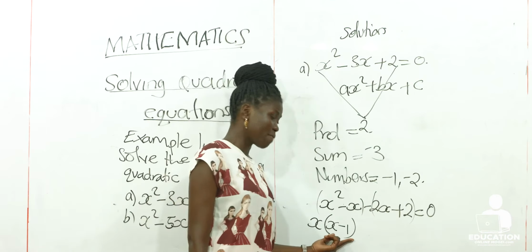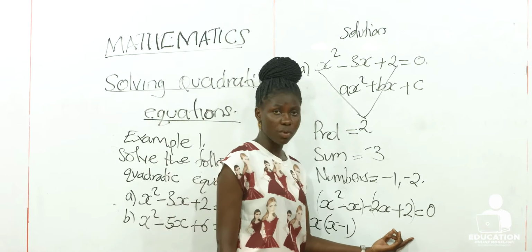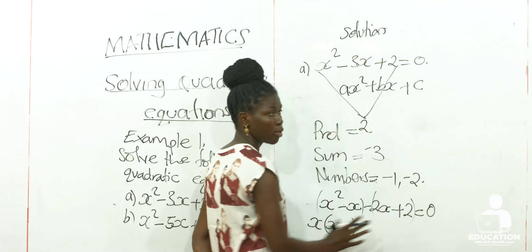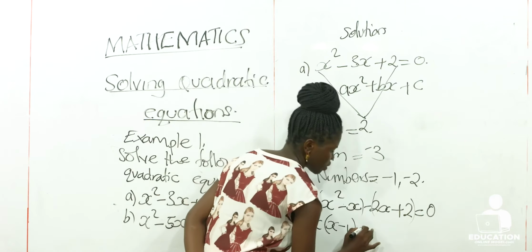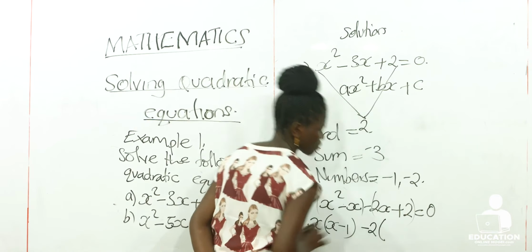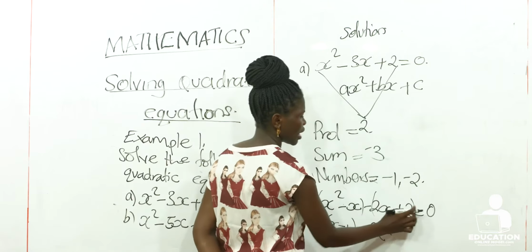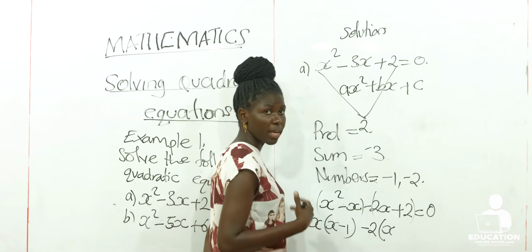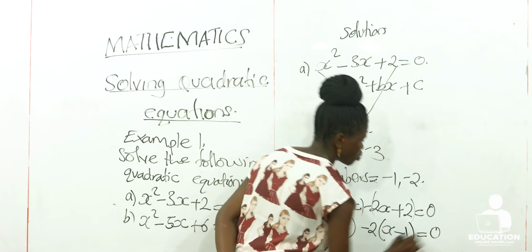But remember, from our first bracket, we have x minus 1, implying the second bracket we get here should equal the first one. So when we are choosing the common number here, we should be careful of the sign we choose. In this case, we are going to choose a negative, so that negative 2x divided by negative 2 will give us positive x. Then positive 2 divided by negative 2 will give us negative 1. We equate the whole of these to 0.